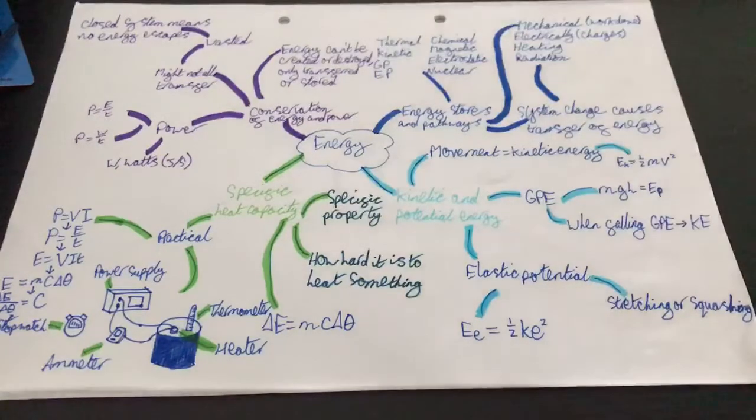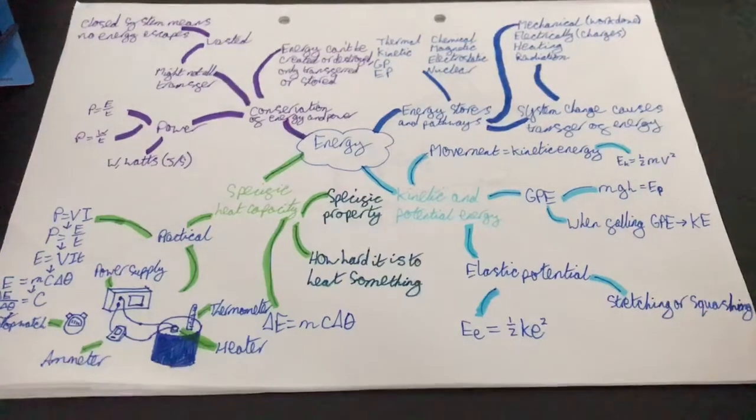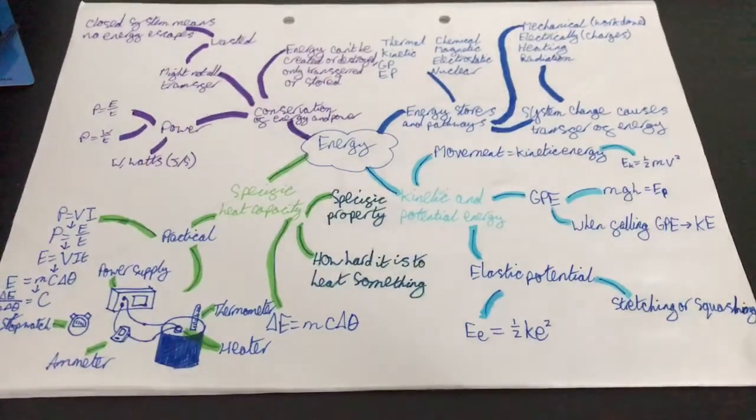Obviously you can't see very well because it's too fast, but I drop it, and the force that I've put in and the force that gravity puts in causes the pen to change energy from gravitational potential to kinetic.